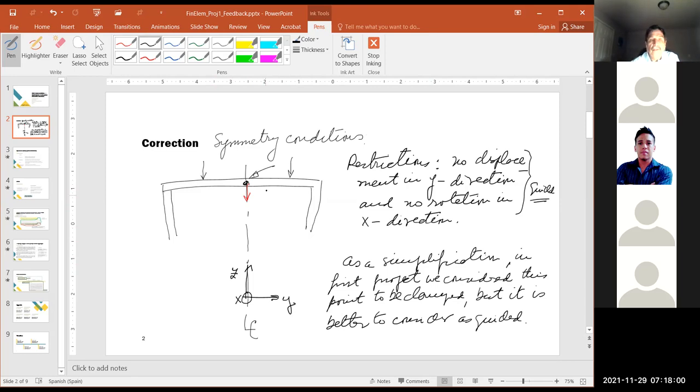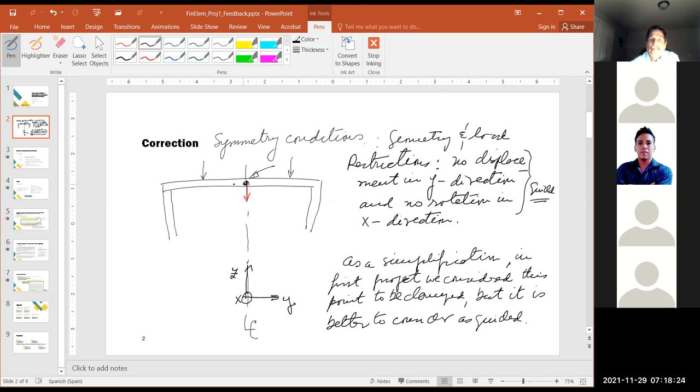Yes, yes. I'm showing you that when I say symmetry conditions, I mean geometry and load. For example, let's suppose I have the load only on one side.